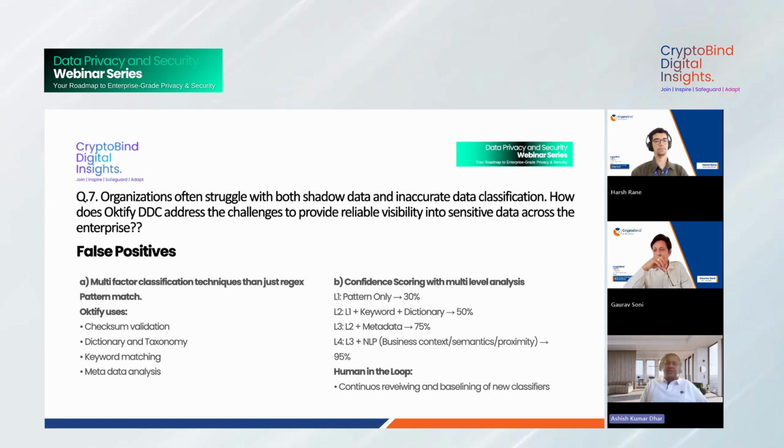First, we use standard algorithms, like Verhoeff's algorithm for Aadhaar and Luhn's algorithm for credit card numbers. These are industry-standard algorithms where we validate the checksum of the data that we are reading, and then we classify it as credit card data or other data if the algorithm gives us a true result.